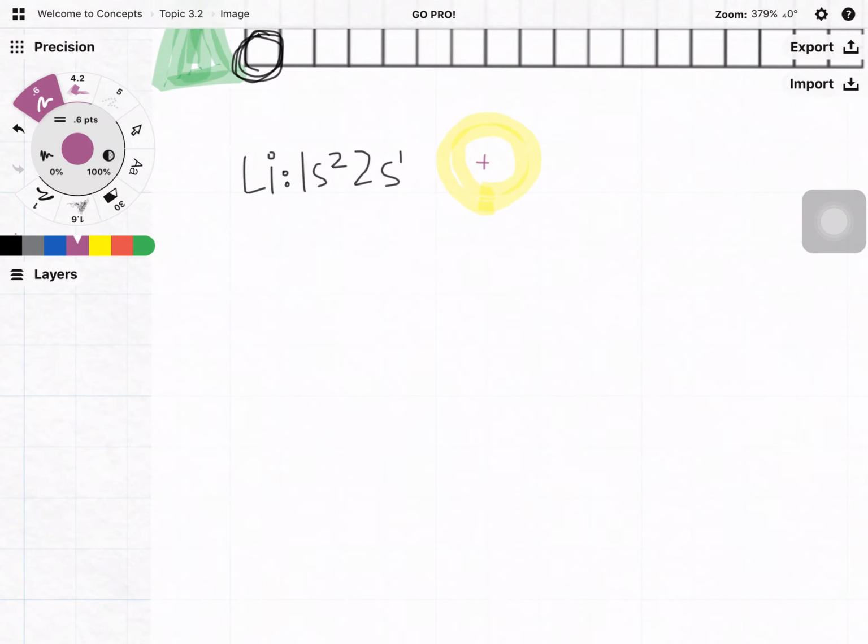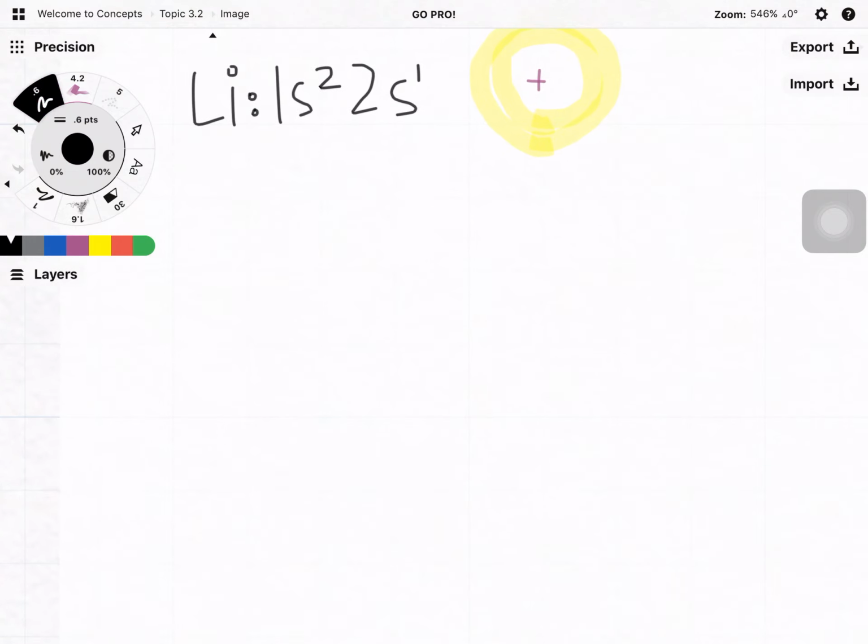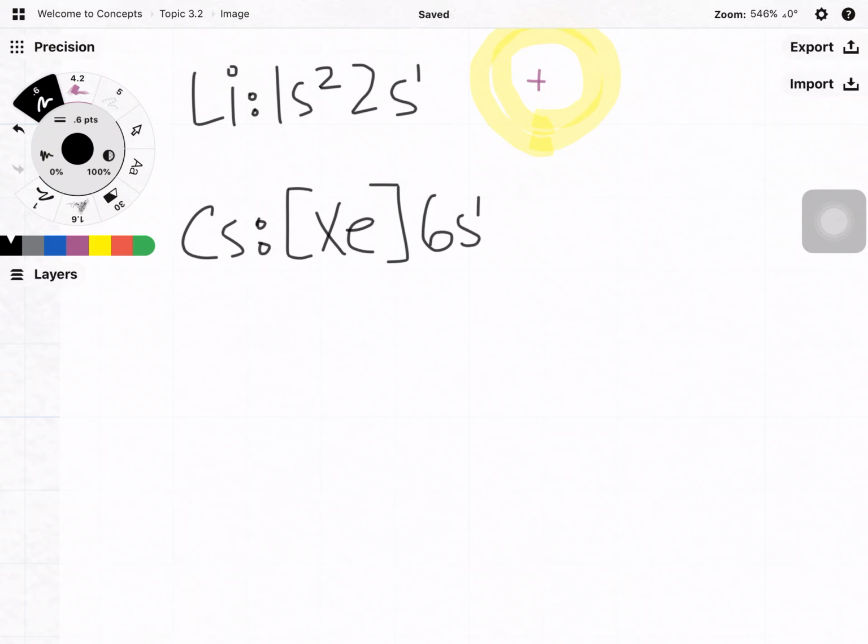On the other hand, if we were to take a look at cesium, the electron configuration of cesium, which I'm definitely not going to draw out completely because it's quite long, is exactly the same as the electron configuration of xenon, and the final electron is in the 6th energy level. Okay, so hopefully you can notice the difference. Here my furthest electron is in the 2nd energy level, and here my furthest electron is in the 6th.